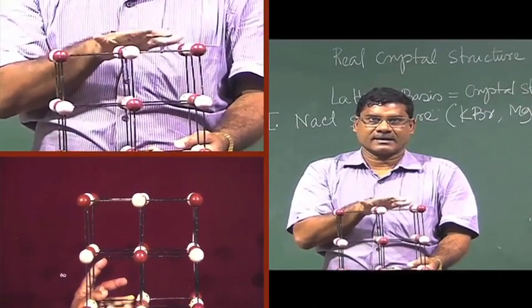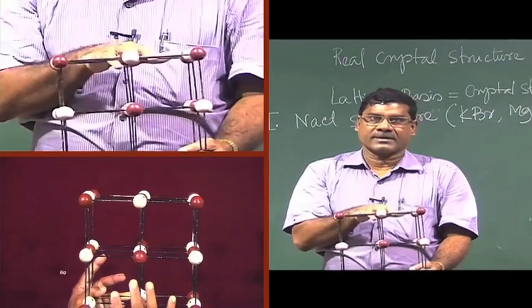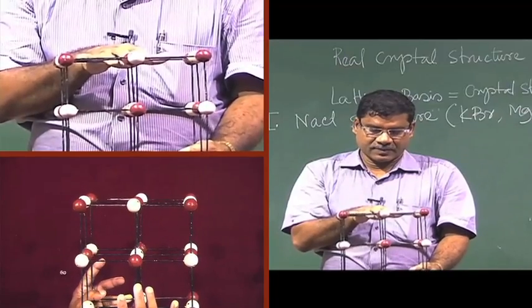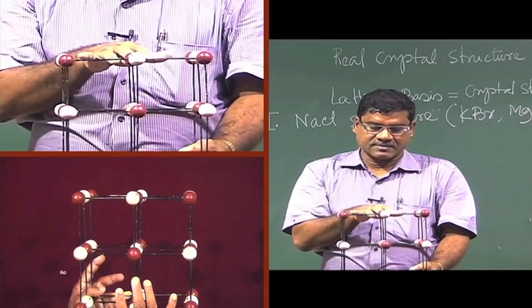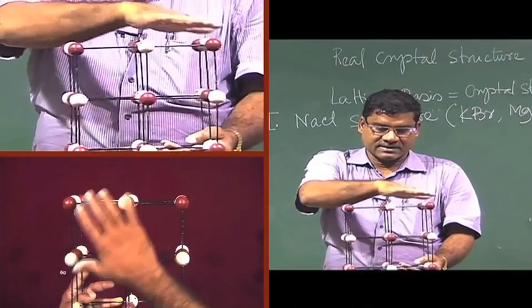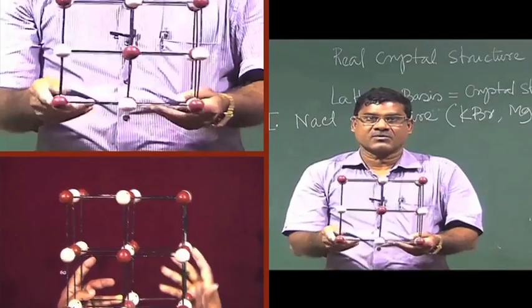As I mentioned, sodium chloride is having an FCC Bravais lattice. So, FCC Bravais lattice means it is the cubic structure as a whole, right.